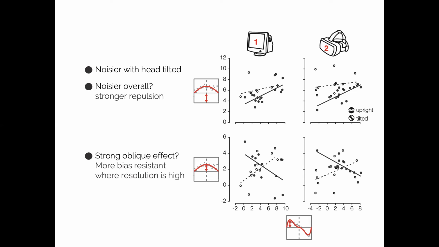When subjects tilt their head, all of a sudden the door frame, which might be upright, is in another part of this space where they know they have a low resolution. And so it seems that there's this uncoupling of the bias. Now the high resolution part of their orientation space is somewhere else, and therefore the bias actually goes up for these people that have a very strong oblique effect.